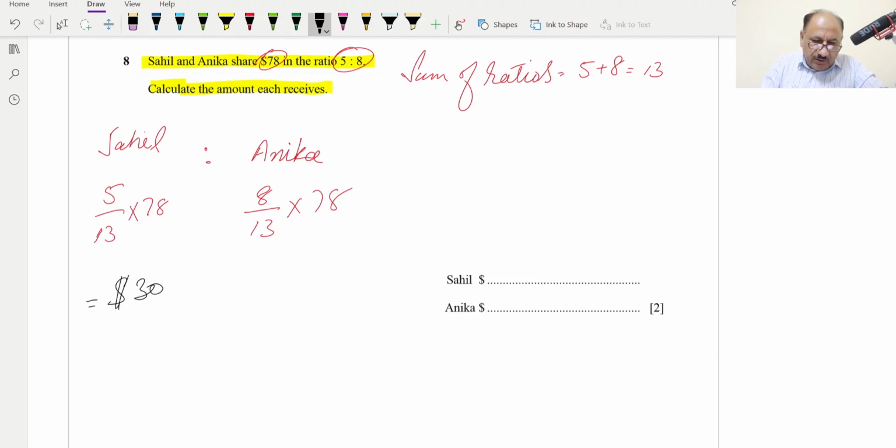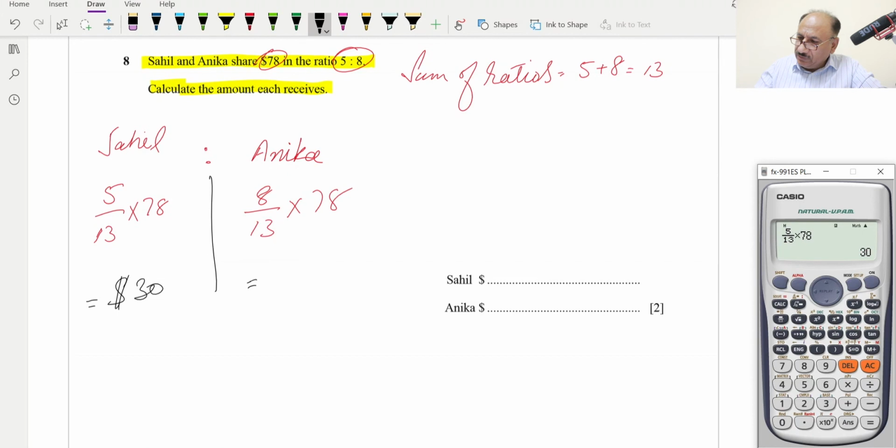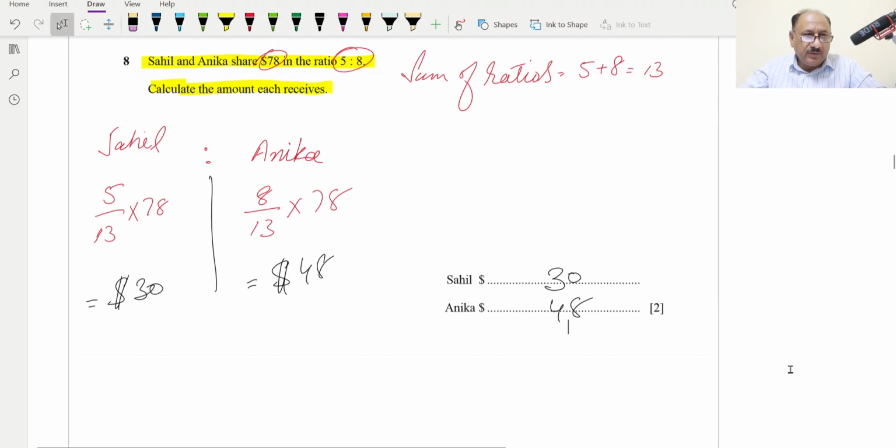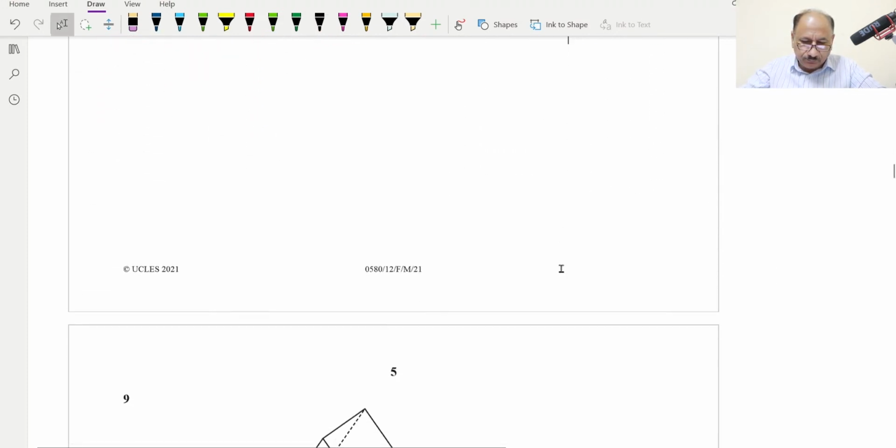So $30 is the share for Sahil, and similarly for Anika, 8 divided by 13 multiplied by 78 gives $48. So we will be writing the answer $30 and $48 over here. This will be our final answer.